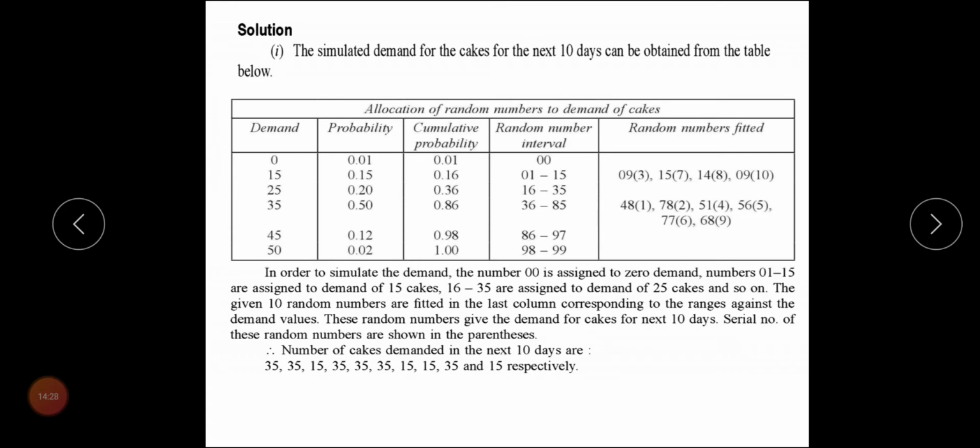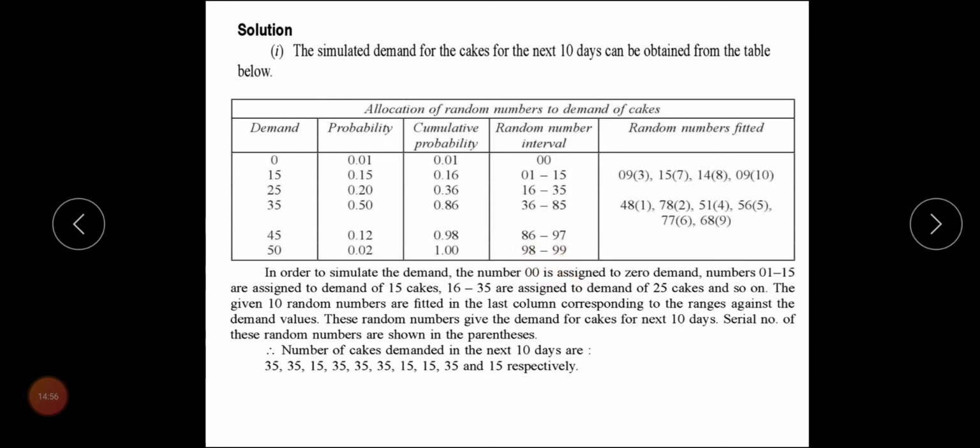See here, it depends again. So the intervals are 1 to 15, then 15 to 35, then 36 to 85, then 86 to 97 and 98 to 99. So these are random number intervals.